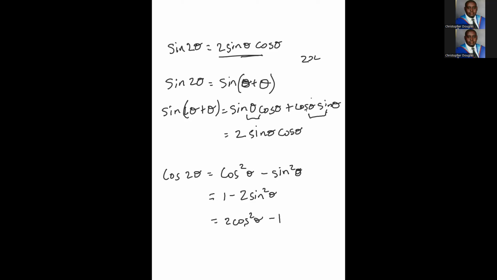So you can have any one of those three. Based on the question you have to break down, you'll be looking to see which one fits the bill and will help you simplify your answer faster. If you have something in cosine already and there's nothing in sine, you know you'll be going to 2 cos squared theta minus 1. If you have something in sine already, and there's no cos theta around it, you can break it down as 1 minus 2 sine squared theta. All right.